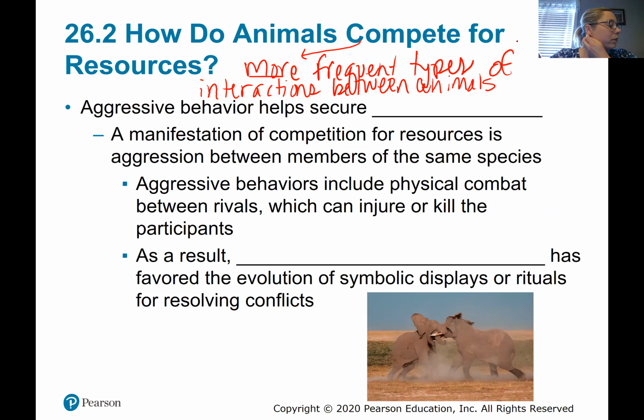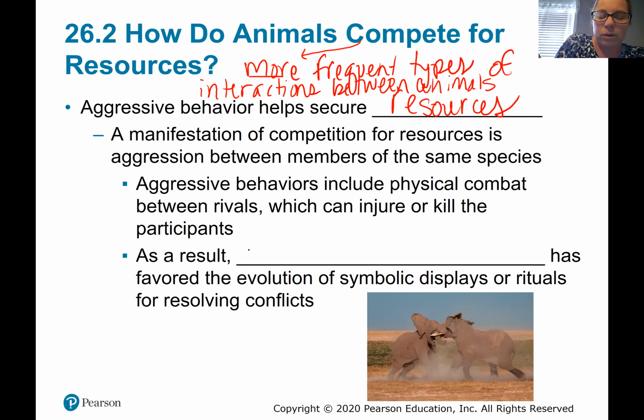So when they are looking to compete for resources, aggressive behavior helps to secure those resources. If you're the meanest, toughest, fastest, whatever, you're probably going to outcompete other individuals for that particular resource. So aggressive behaviors could be things like combat, which could injure or kill the other animal, or at least maybe drive them off to go live somewhere else.